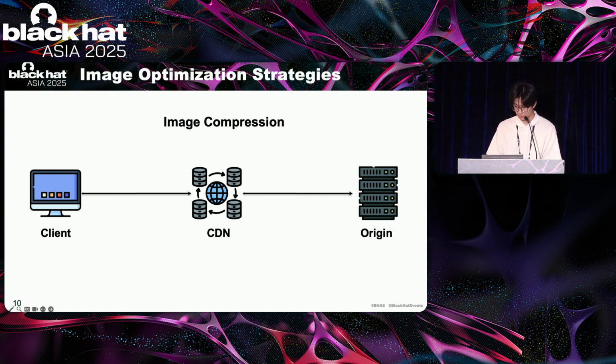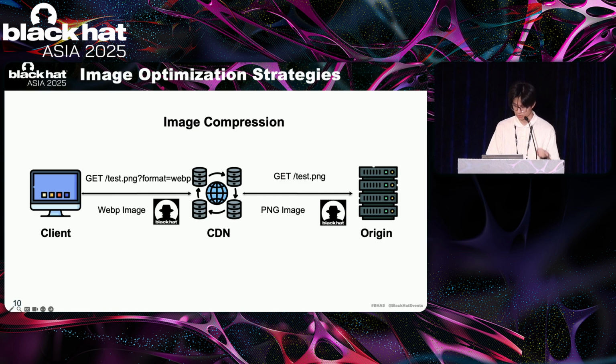For example, when a client requests an image with specific query parameters like format equals WebP, the CDN will remove the query parameters, fetch the original PNG image, convert the image format to WebP, and deliver it to the client.